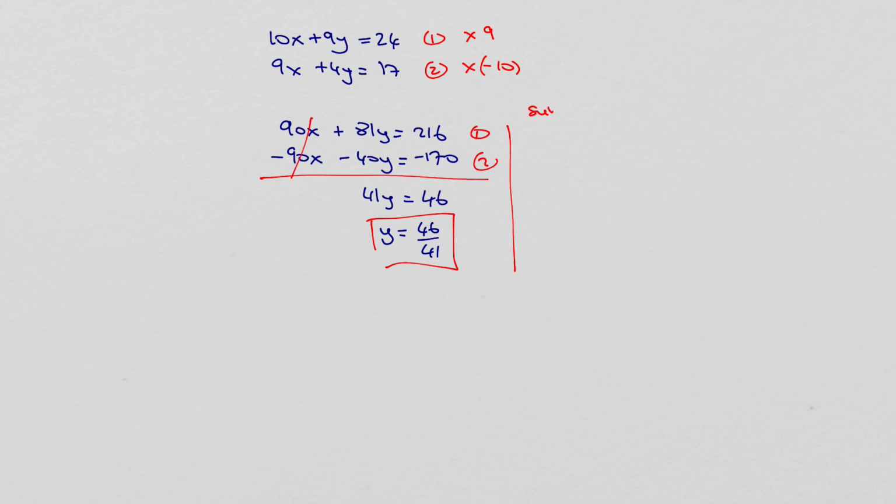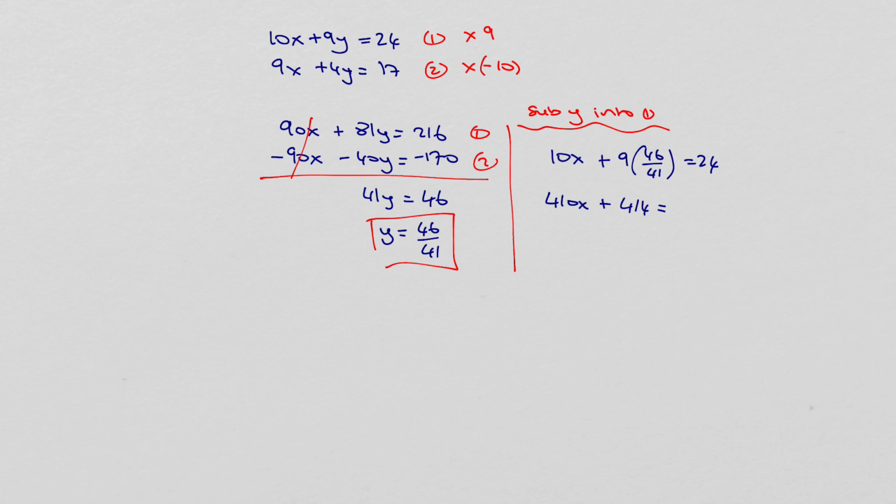So we then repeat by getting y and subbing it into either 1 or 2. Again, it doesn't matter which one. And we try and solve for x. So we have 10x plus 9 times 46 over 41 is equal to 24. And that gives me, if I multiply everything across by 41, 41 times 10 is 410x. 41 times 9 times 46 over 41 gives me 414.